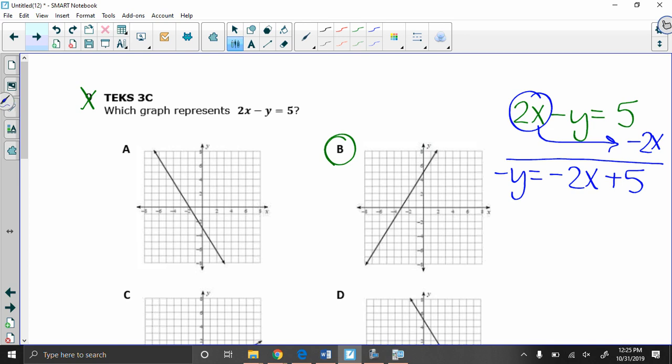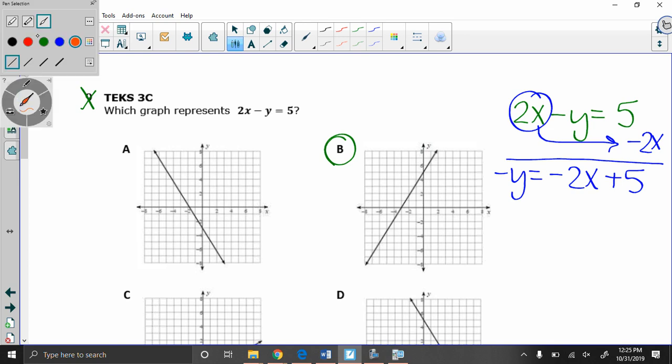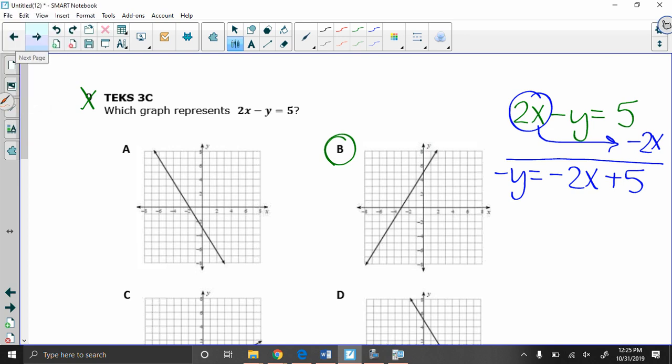Because my ultimate goal is to try and get this equation to look like y equals mx plus b. So we're almost there, but my y is negative. So I have to divide everything by a -1 in order to make y positive. When we do this, we get positive y equals positive 2x minus 5.